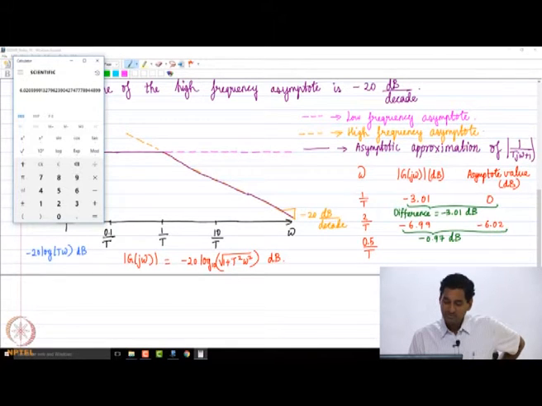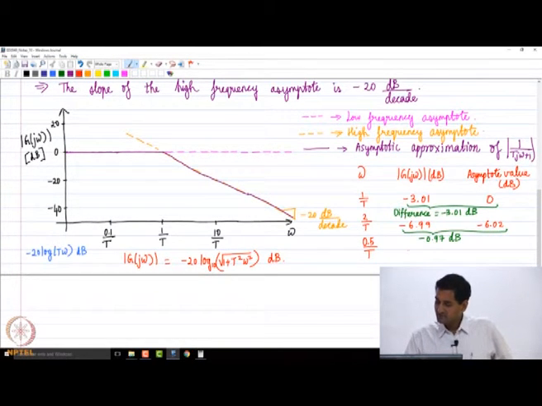So you take the square root of 1.25, and then multiply it by, oh no, wait a minute. So essentially we have square root of 1.25, then you take the logarithm, and then multiply it by 20. That is what I am doing. So I get minus 0.97, okay.